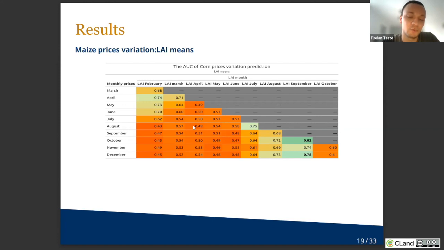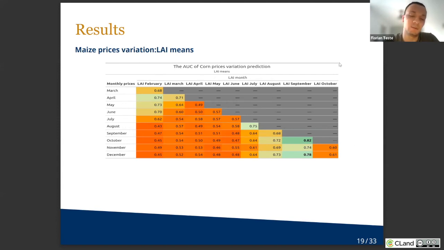But what you want to look at is first the color. When it's red, it's not good, but when it's green, it means that the scores are higher. And then you also want to look at whether the score is in bold or not, because when it's in bold, it means that the confidence interval is significantly different from 0.5, from a random guess.